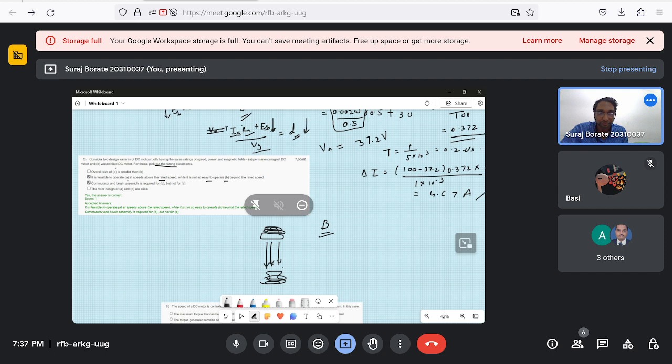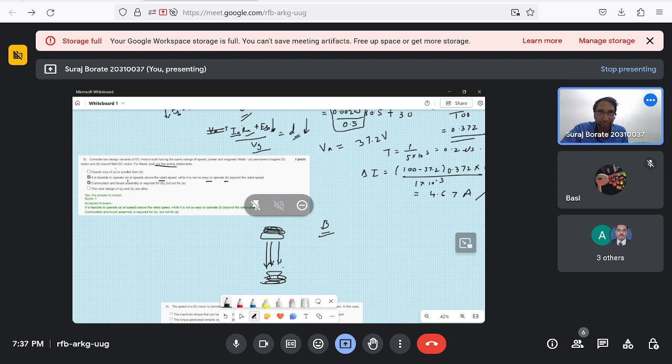The purpose of the commutator and brush assembly is to allow the entire coils to rotate without tangling among each other. So the coils rotate, and still they get the voltage coming from the external source. So it is on the rotating part.